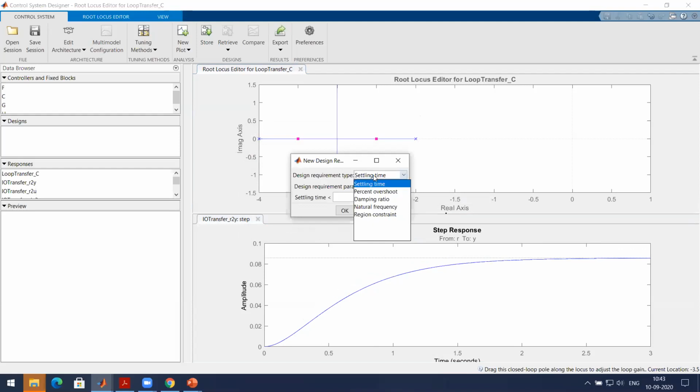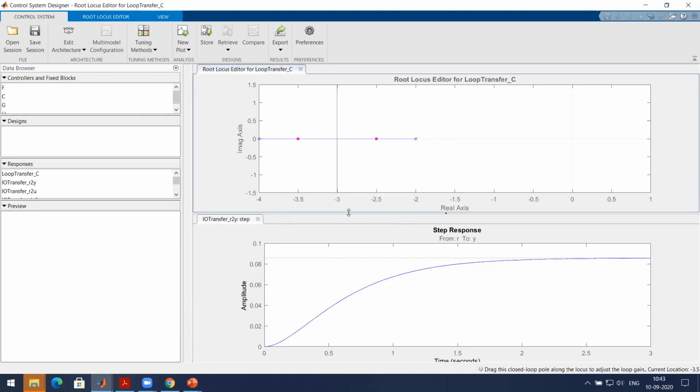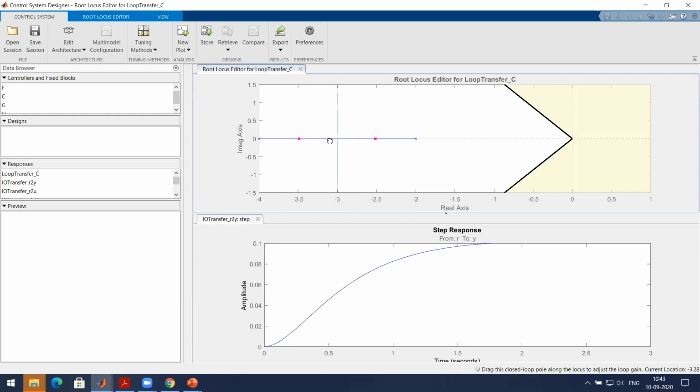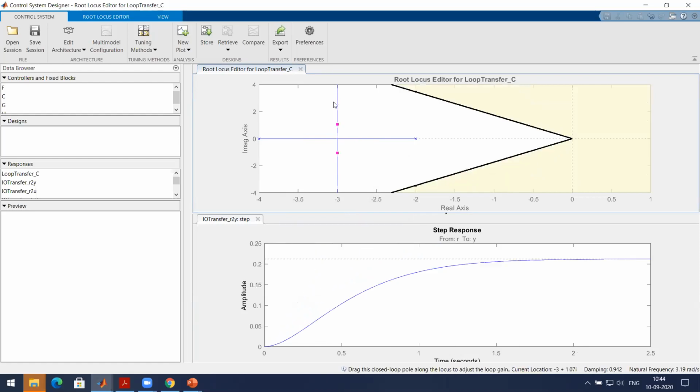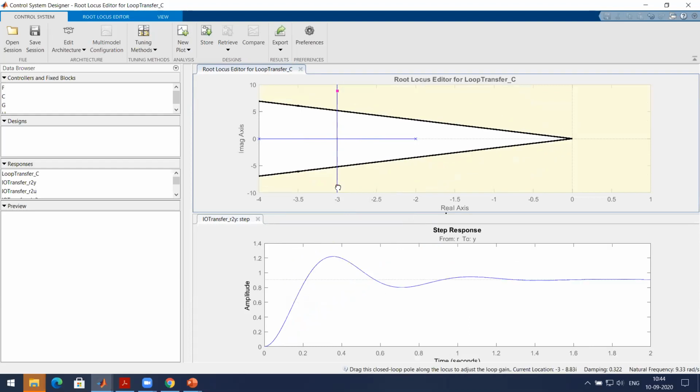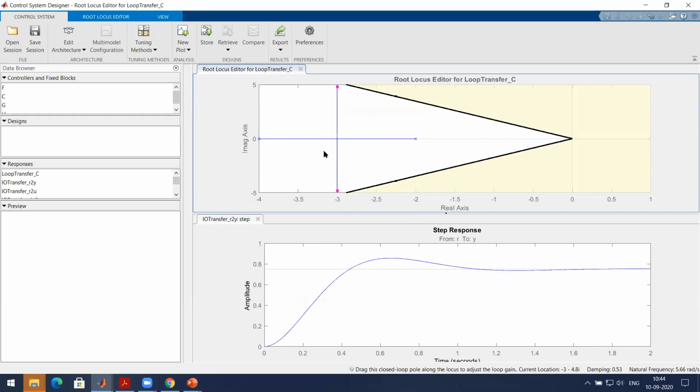Okay, here the design requirement type is damping ratio should be 0.5. So this is what is given. Now you get this. So move this thing, move this till this black line.